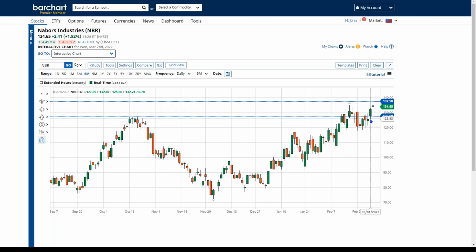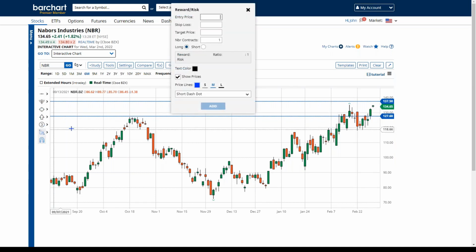Well, yeah, it sounds like a good trade, but if I'm not sure, one of the cool things that I can do is over here in our tools, we have something called our risk reward page tool. And so let's put in the numbers and let's just see what happens. 127.60. We said that we would risk this green candle's low, 125.60.